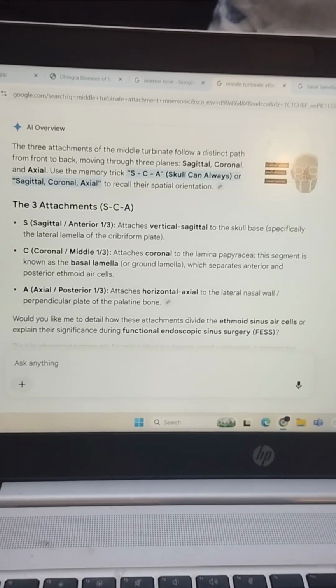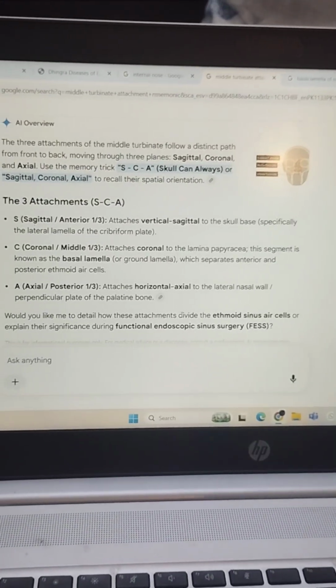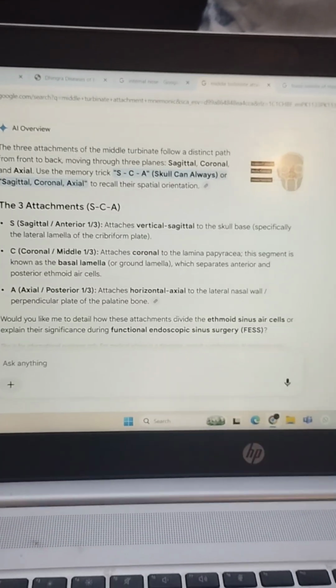So L is going to be lamina papyracea, M is going to be the medial wall of the maxillary sinus.